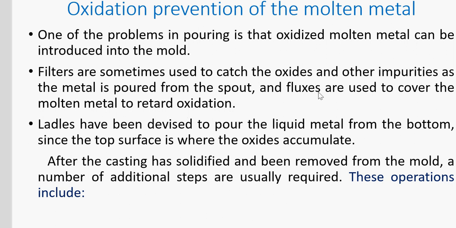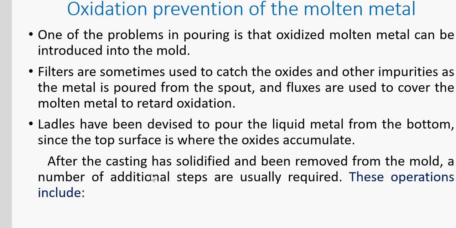When you add flux, it will react with the impurities to form something that does not solidify with the metal. Ladles have been devised to pour liquid from the bottom. So when you pour from the bottom to the top, there is the possibility of preventing oxygen from being entrapped.